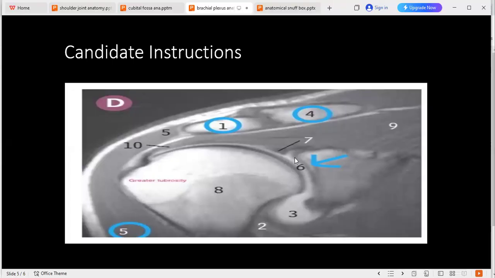Please tell me the indications, when exactly would you ask for this imaging? We can ask for it if we have an injury of the rotator cuff muscles of the shoulder.